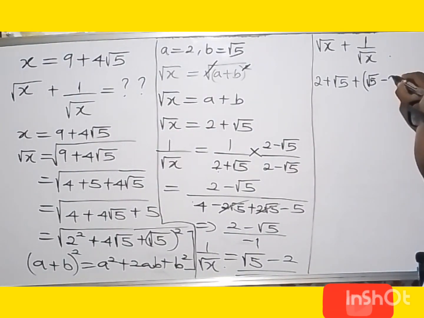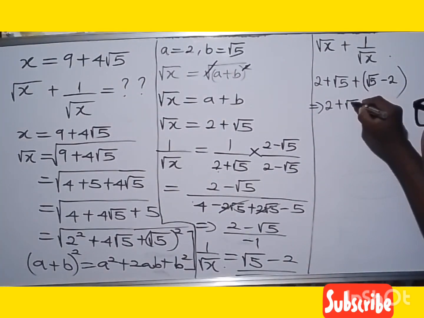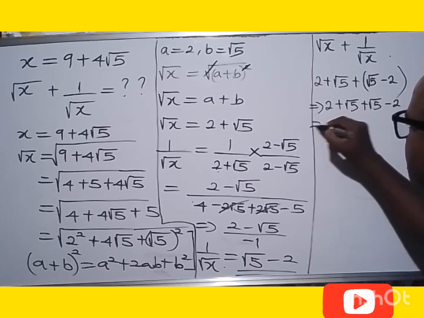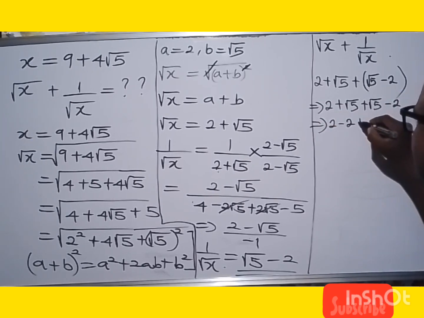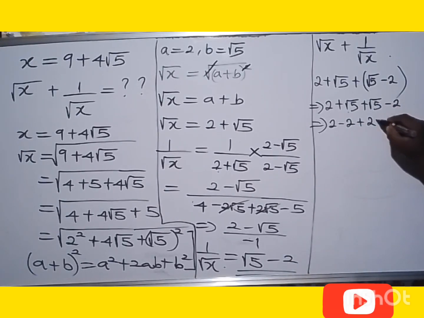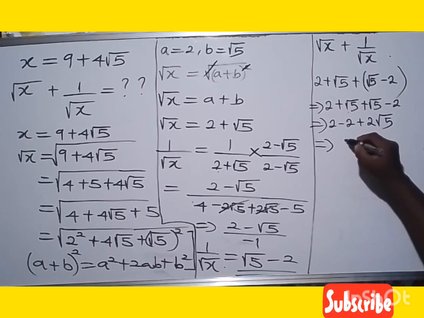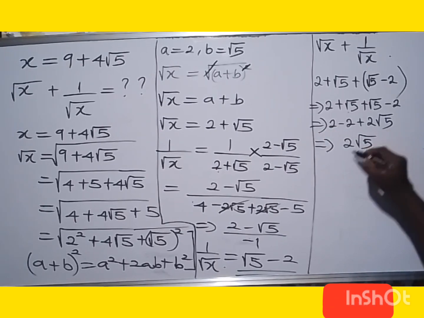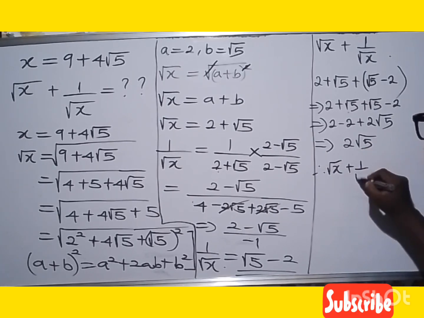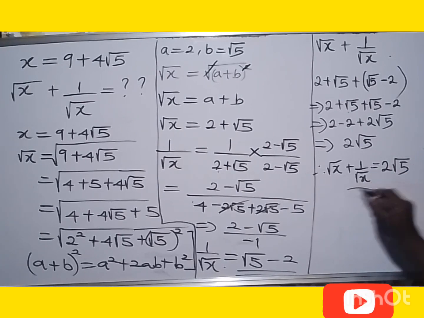So we have root 5 minus 2. Simplifying this, we have 2 plus root 5 plus root 5 minus 2. Bringing them together, 2 minus 2 gives us 0, and root 5 plus root 5 gives us 2 root 5. So root x plus 1 all over root x is equal to 2 root 5.